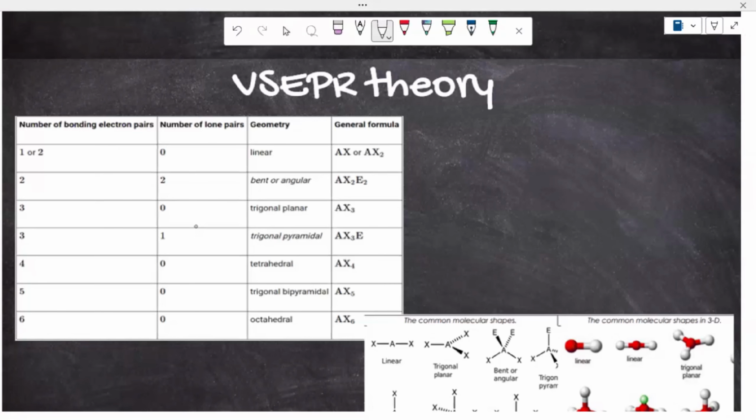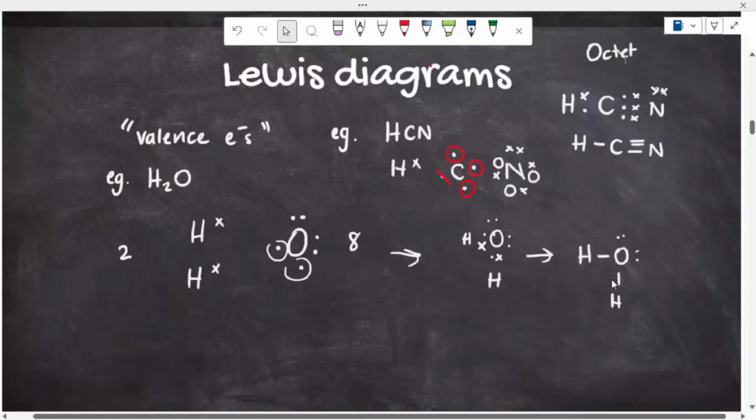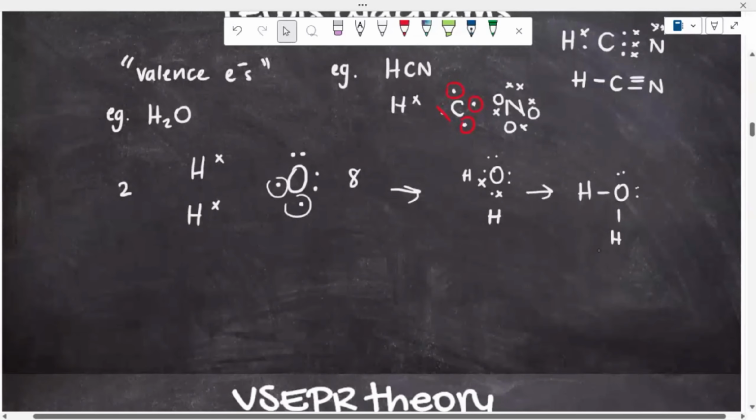Because if you take, for example, this HCN over here, or these lone pairs over here in the water, these electrons are going to, to some extent, repel the hydrogen and the hydrogen's electron orbit, right?